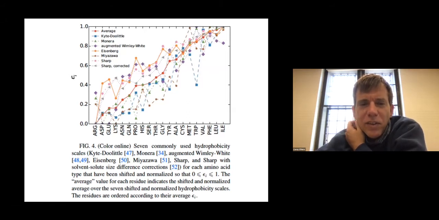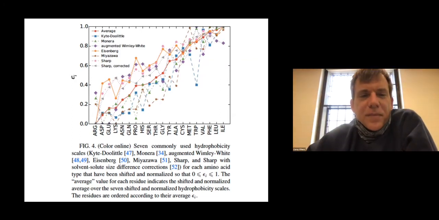So you see the non-hydrophobic residues are arginine and asparagine, and so on. And then the very hydrophobic residues are isoleucine, leucine, phenylalanine, and so on. This is a way where I can apply specific hydrophobicity scales to specific residues.